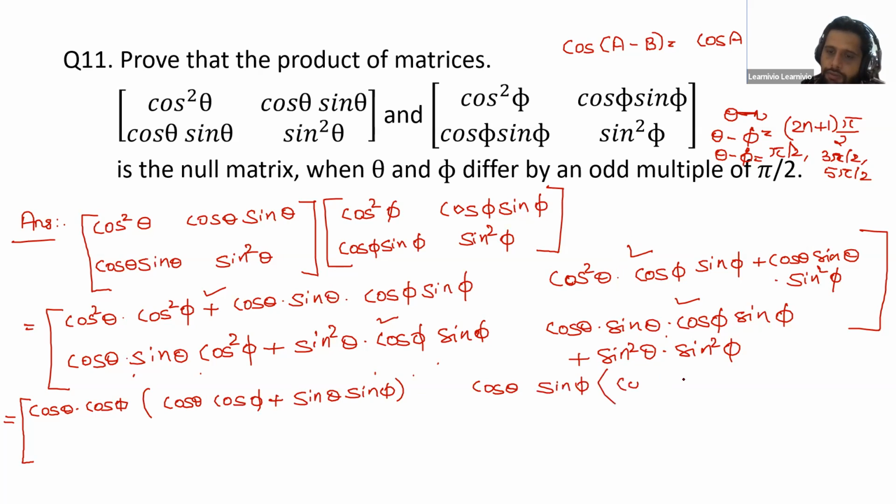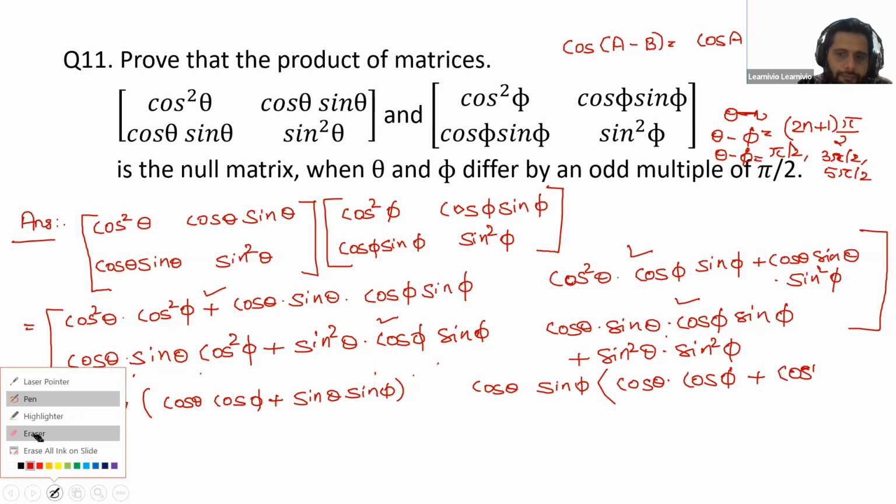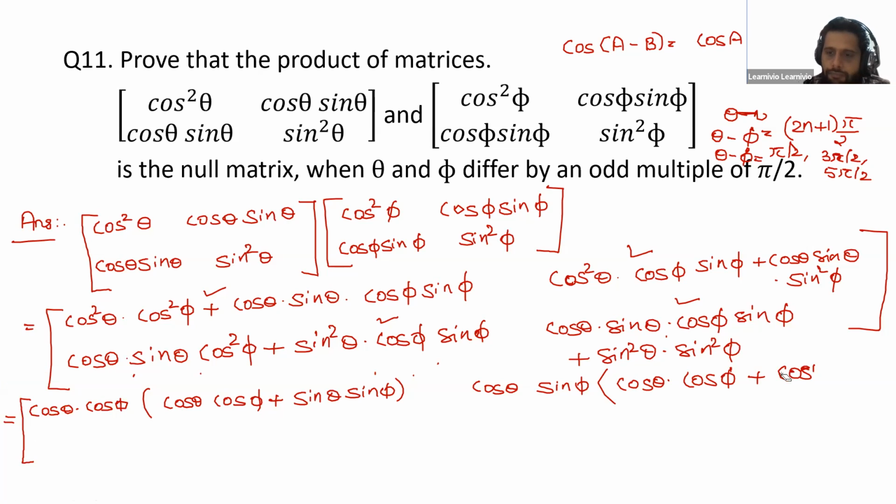And here you will get cos theta cos phi plus cos theta, which you have already taken common, so here you will get sin theta and sin theta. Okay, Mazia, very good. This answer is correct. Here you will get sin theta and sin theta.